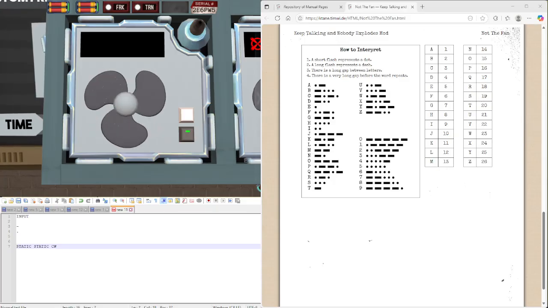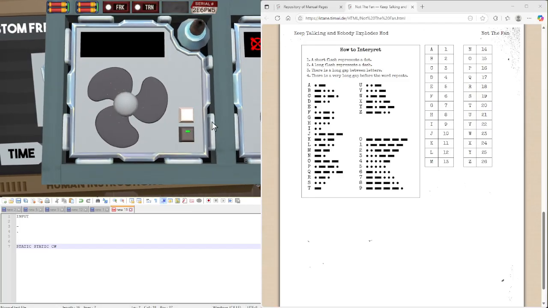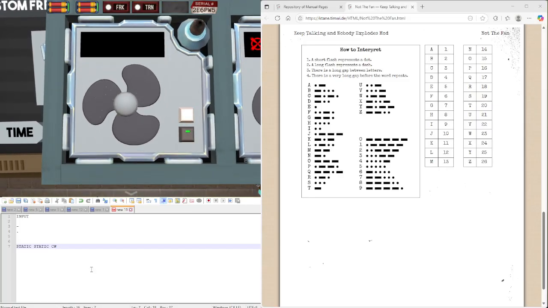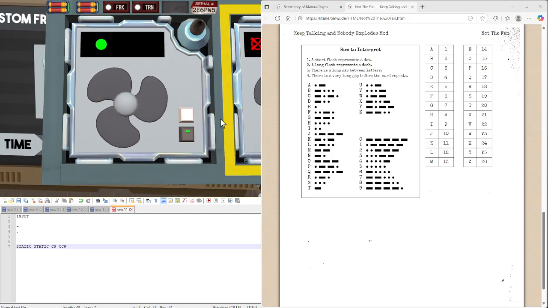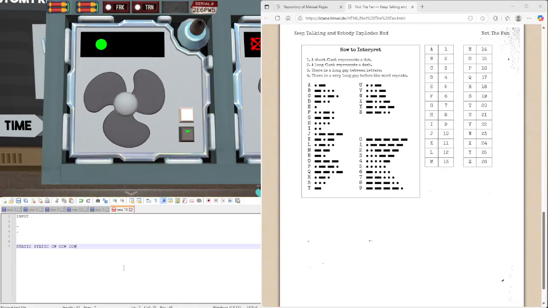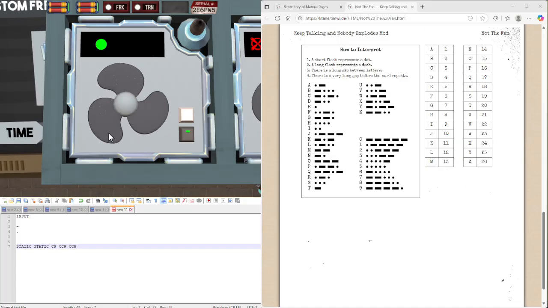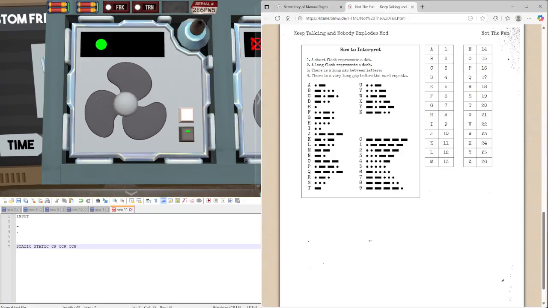U, now spinning counterclockwise. And T, we get a green light, and the last state was also counterclockwise. So, one green light means we inputted the correct first word.